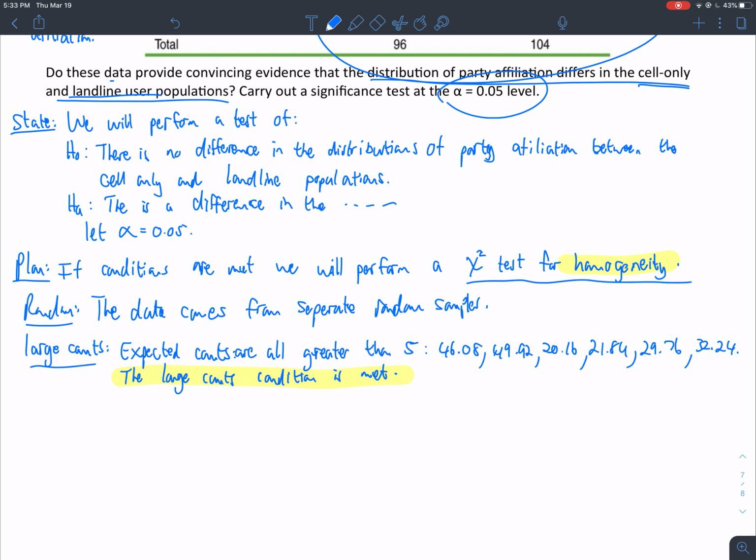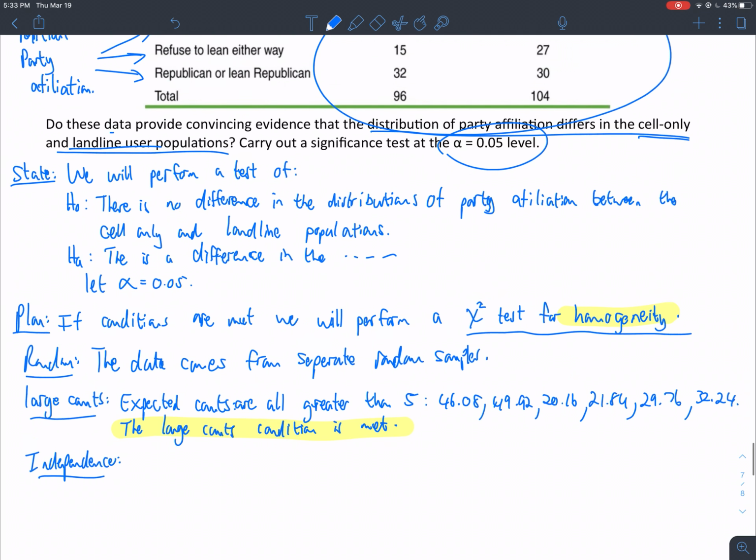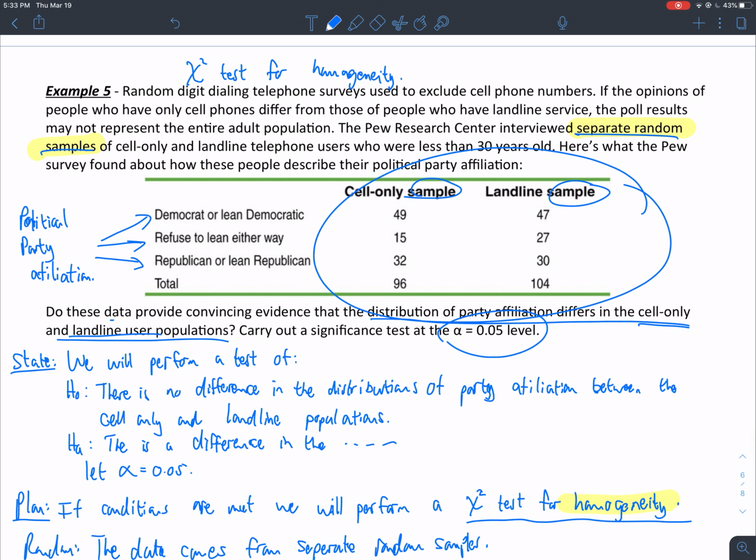That's easier. And then independence. What are we talking about? Samples. So we're talking about 96 and 104.